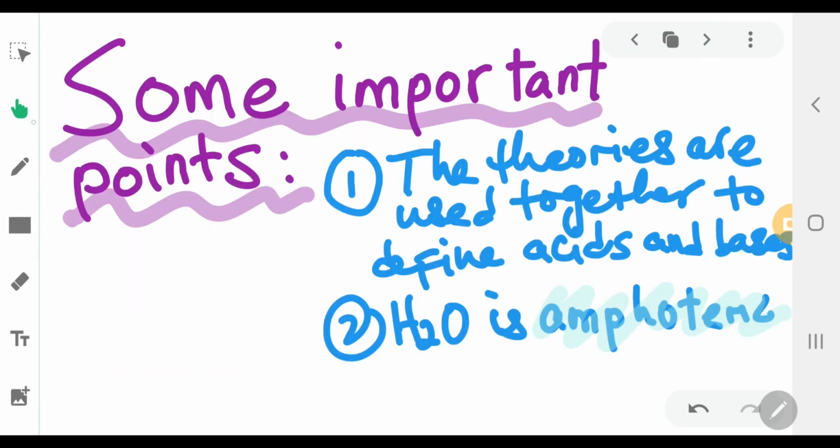Some important points. Number one, always keep in mind that the three theories that we have learned just now, Arrhenius, Bronsted-Lowry, and Lewis theories, are always going to be working together to define acids and bases. They will never be conflicting with one another. They will work together to inform our understanding of acids and bases.